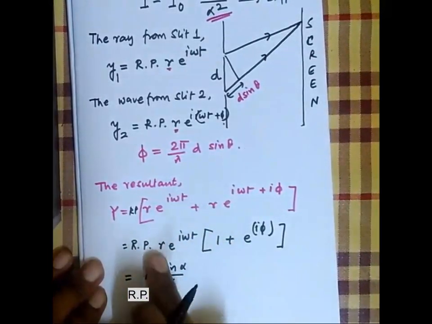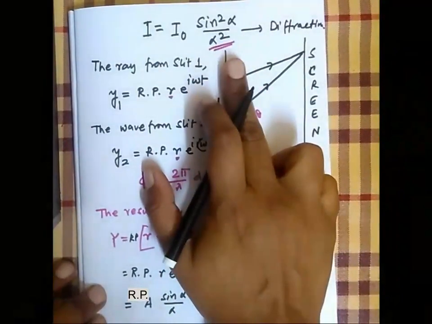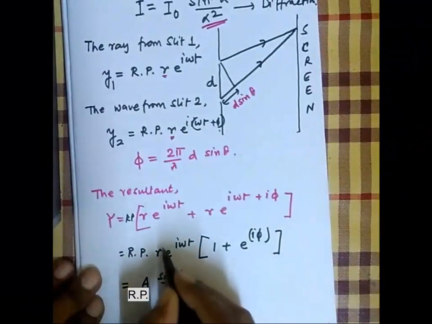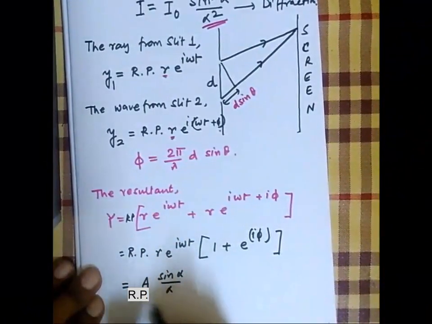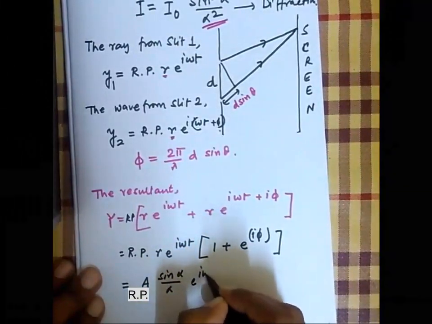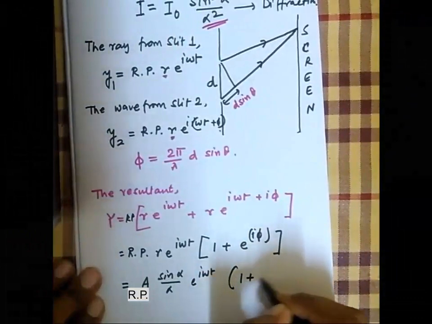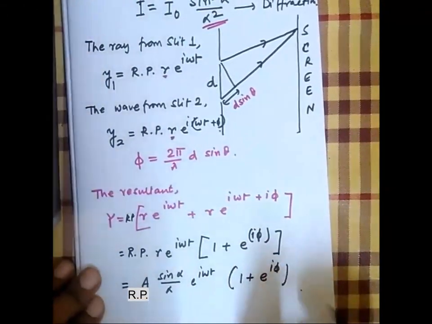This r we replace by this, considering the diffraction term. So this R includes the diffraction contribution. Now e to the power i omega t was there, and we have 1 plus e to the power i phi.